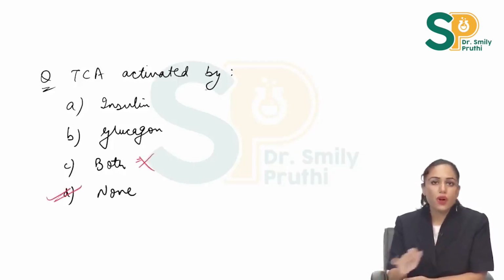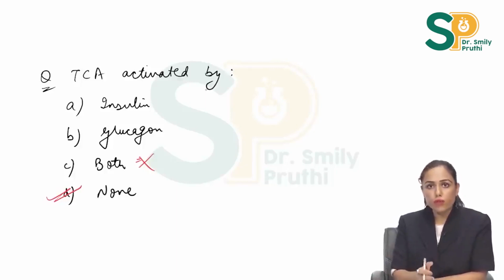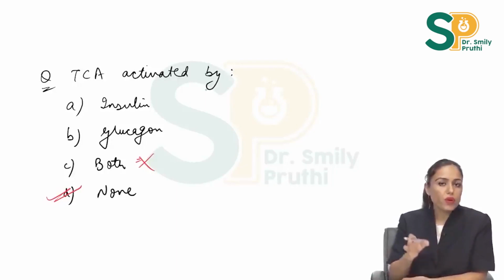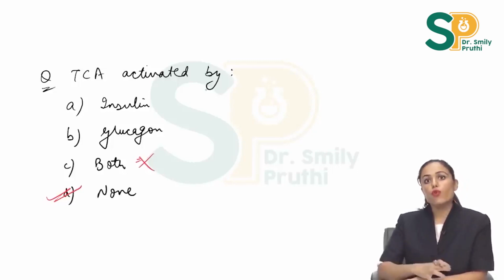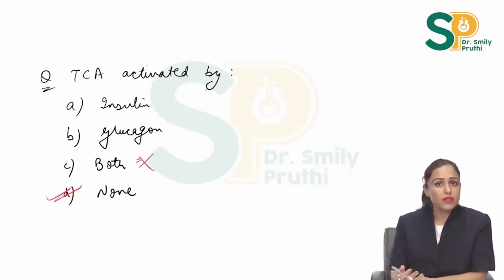Because TCA does not have any hormonal control, because it is a vital cycle of the body. It does not depend upon hormones. See, when I say TCA is activated by insulin, it would mean that when we are in fed state, when we are eating food, then TCA will occur. And if I say it is activated by glucagon, then it would mean that TCA is occurring when we are in fasting state.